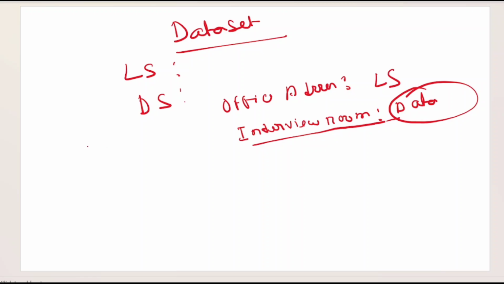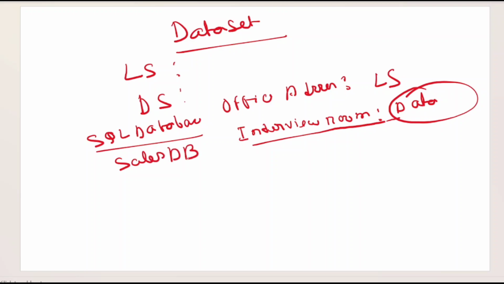For example, suppose we are creating a linked service for a SQL database. Suppose your SQL Server contains one database named SalesDB. Inside SalesDB there are multiple tables, like customer, order, product and so on.